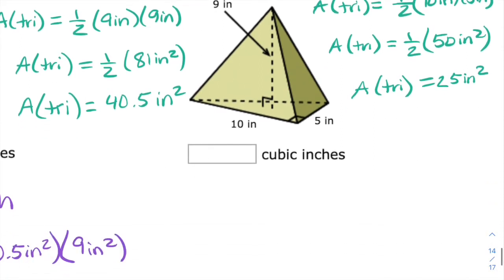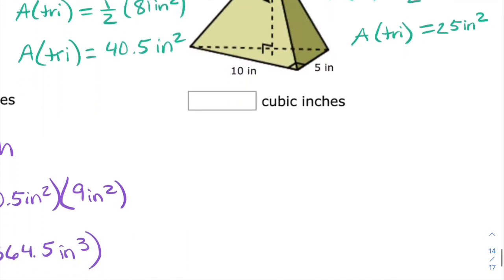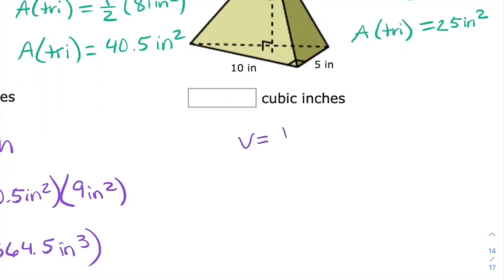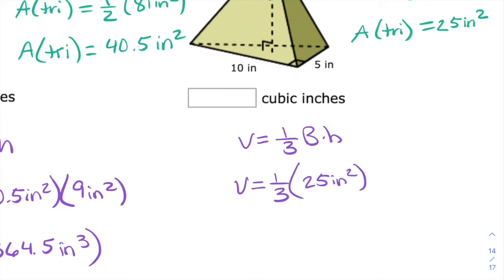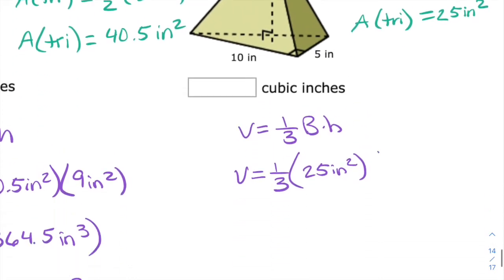Okay, and now volume is 1/3 base times height. Volume is 1/3. The base is my triangle. That's 25 inches squared. And then this is times 9 inches.